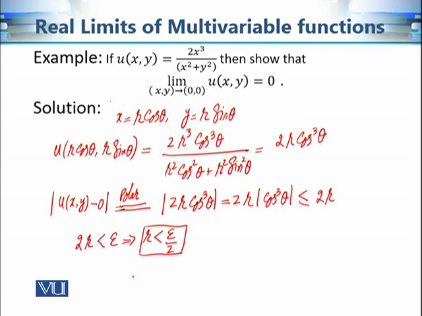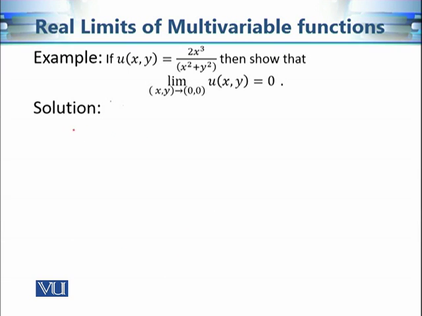Now on the other side, corresponding to this epsilon, we need to find delta greater than 0 such that u of xy minus 0 is less than epsilon.